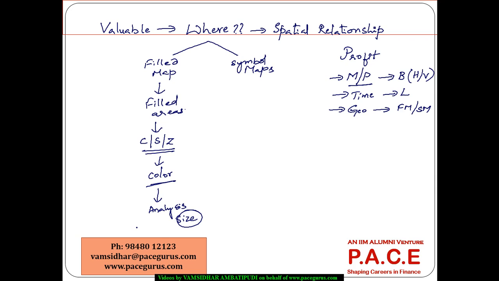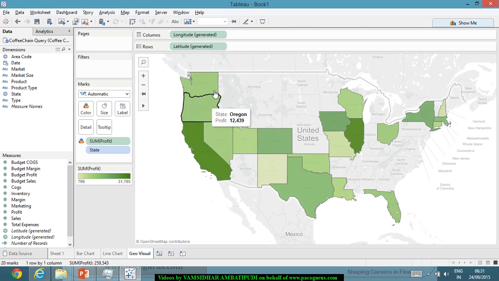It has nothing to do with any value. The whole geography is highlighted with the same color, right? So here the size does not talk about the size of the profit. So here I cannot directly make out which state is having the highest profit, except with the color.